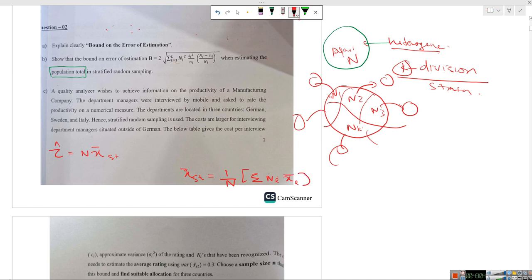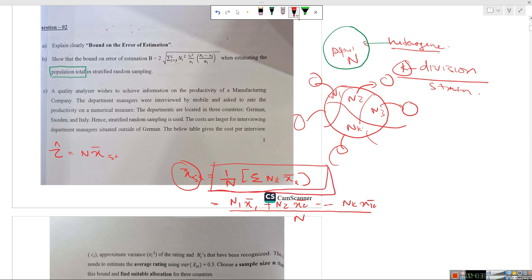Expanding this, if I multiply N1 by its respective stratum mean x1 bar plus N2 x2 bar up to Nk xk bar, then it will be the population total. Then divide it by the population size. Now this will give you the x bar stratified. This is the condensed equation.